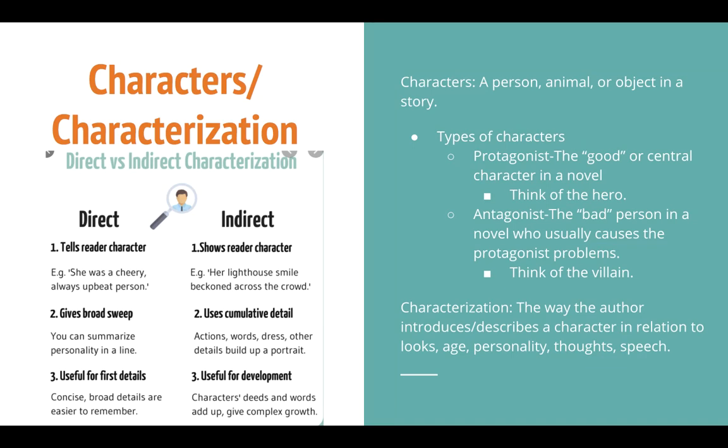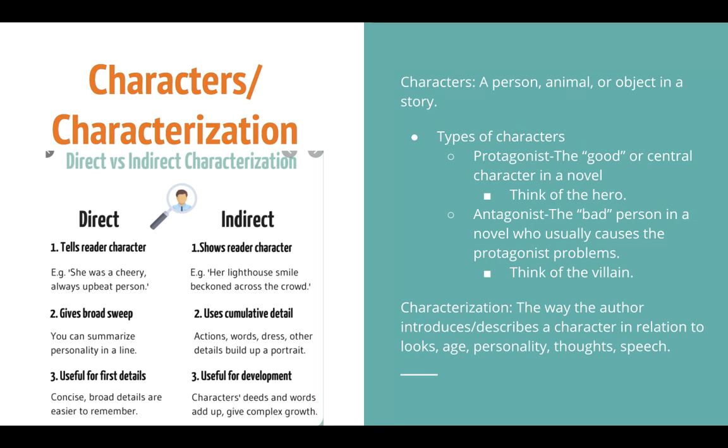Number 2, direct characterization gives a broad sweep. You can summarize personality in a line. After learning about our character in 1 sentence, we know what that character is about. However, the indirect uses cumulative detail. Actions, words, dress, and other details build up a portrait. So we have to use clues that the author gives us about the characters to come up indirectly with a way that we can characterize them.